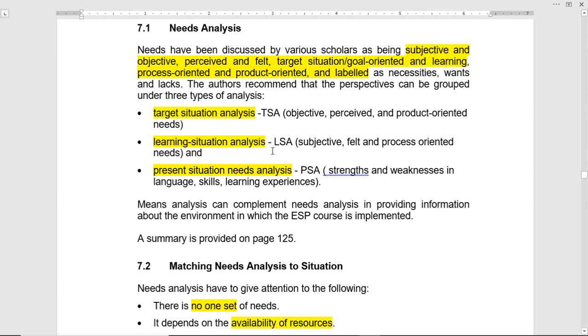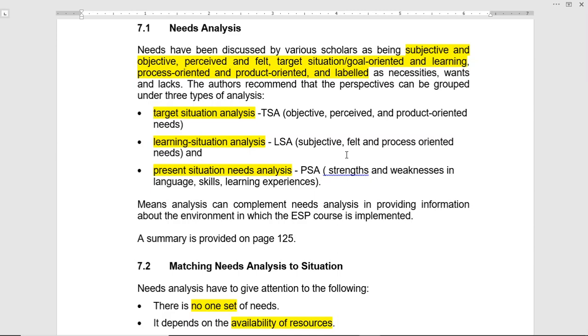Then the learning situation analysis, that is more subjective in the learning situation. What are their needs? So for example, the news editors, their need for English that is required by the profession. This should be their standard as news editors.